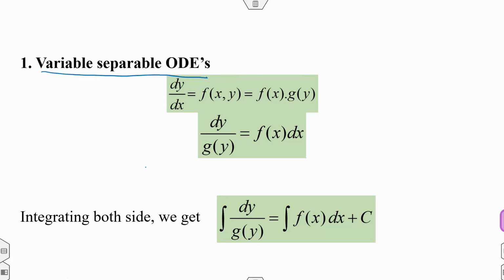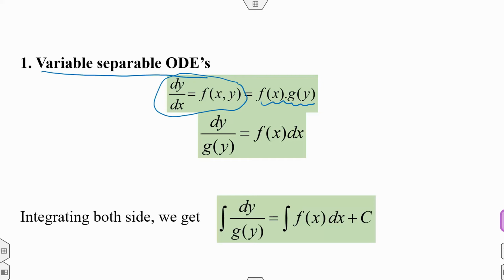So now suppose that you have a differential equation like this, and somehow you can separate the function of x and function of y. So in this method, what we do, we bring all the functions of x and dx together on one side and all the functions of y and dy on the other side, and thus we say the variables are separable.